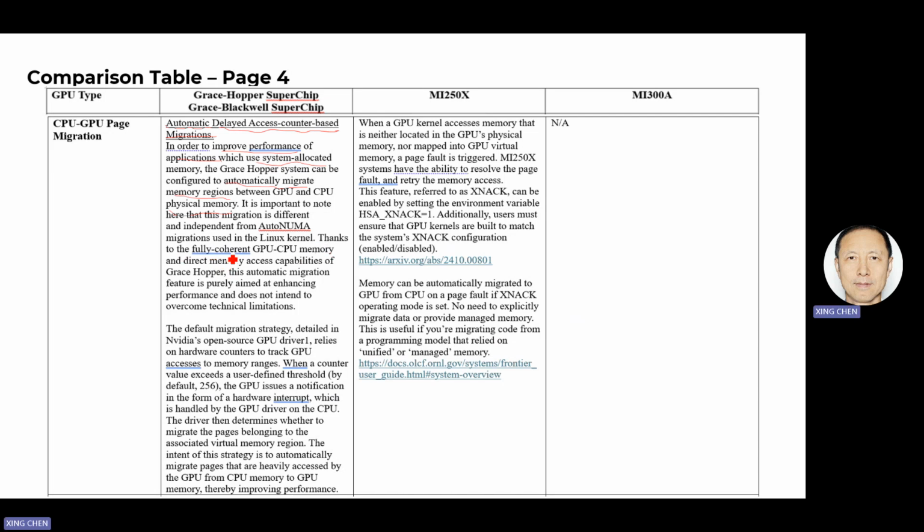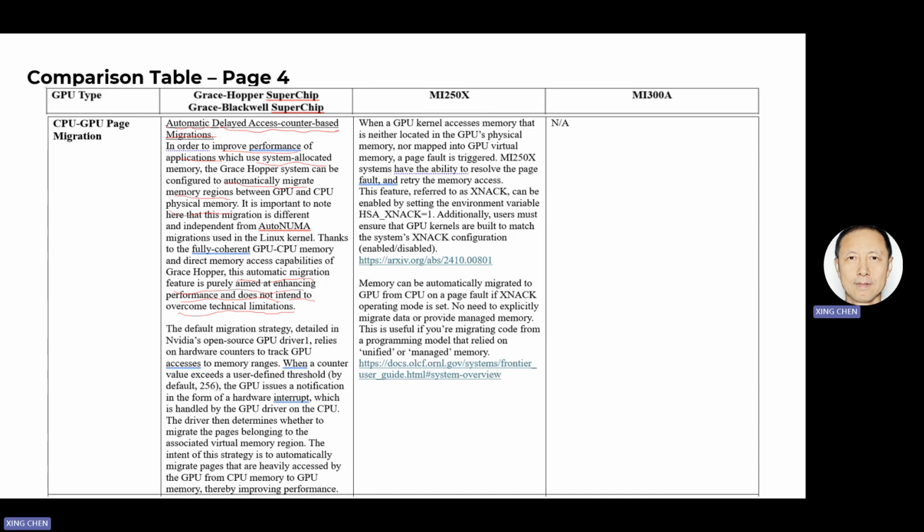Thanks to the fully coherent GPU-CPU memory and direct memory access capability of Grace Hopper, which comes pretty much from the ATS service, from the cache coherency protocol, plus the NVLink C2C link, which is a high bandwidth link. This automatic migration feature is purely aimed at enhancing performance and does not intend to overcome technical limitations.